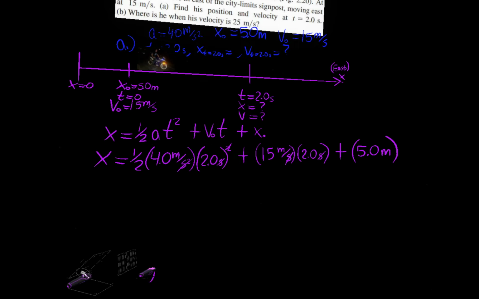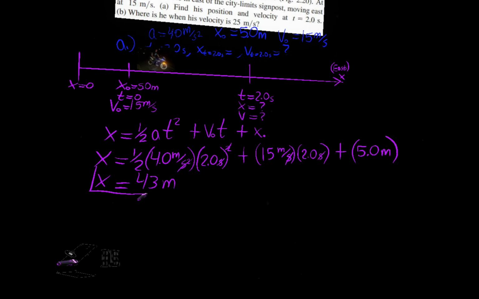So it should work out to meters. And if you work all that out, you should get that we're left with 43 meters. X equals 43 meters. We're only given everything to 2 sig figs, so I'm only reporting it to 2 sig figs. That's how that works.